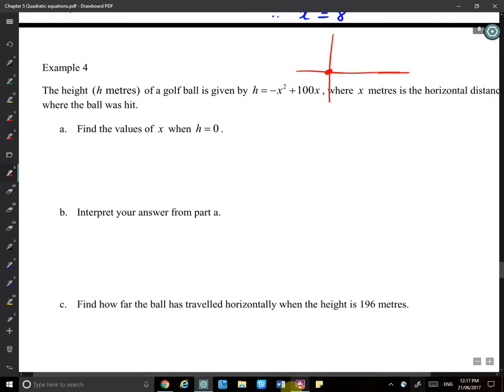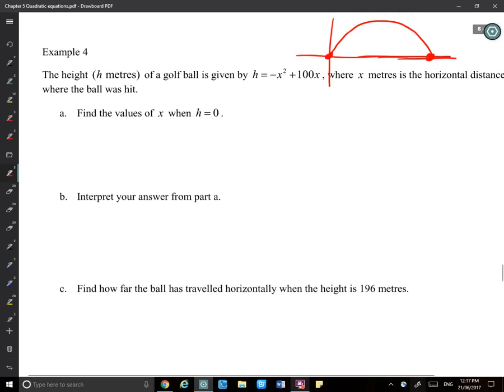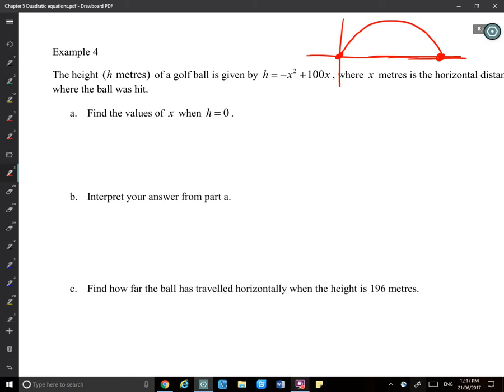If we start from this point, then the ball can go that way, and then hit the ground here. It's not necessarily an actual graph, but the track is about like that. Going up to a maximum point and then turning down. Find the values of x when h equals 0.